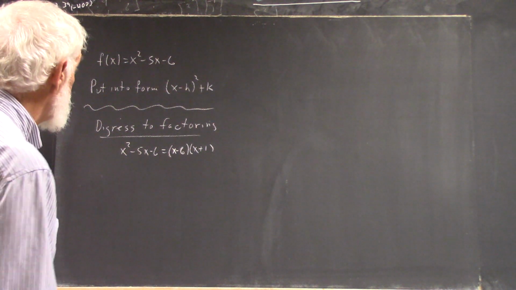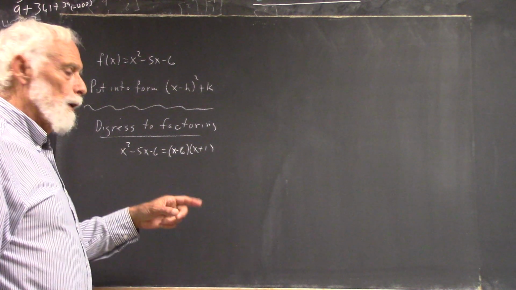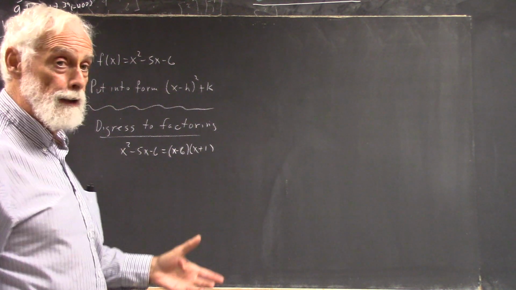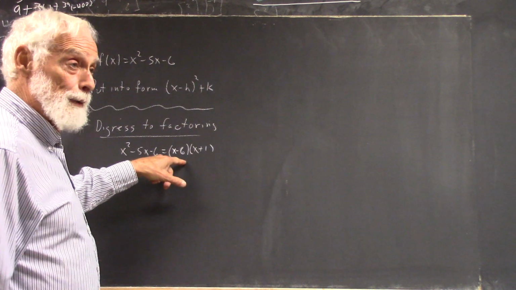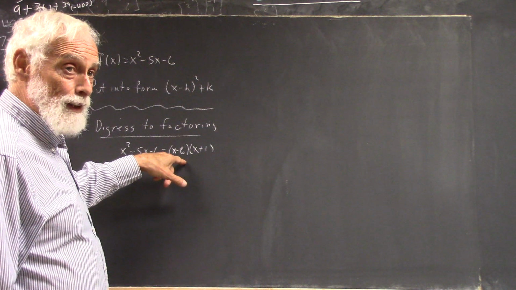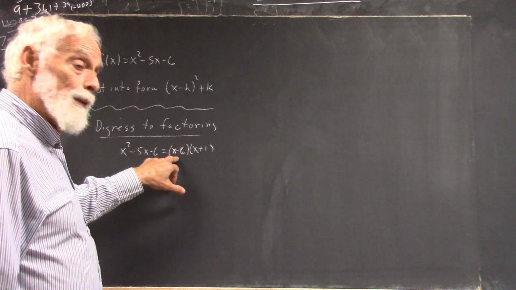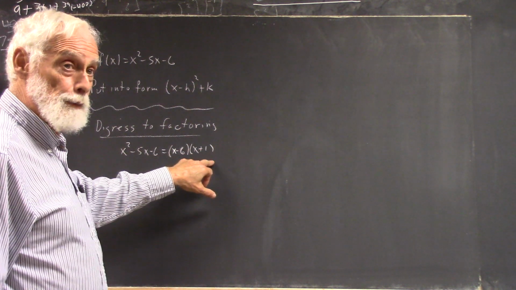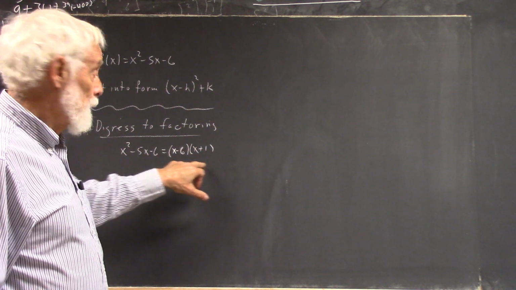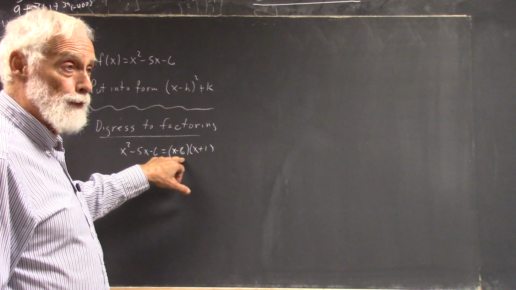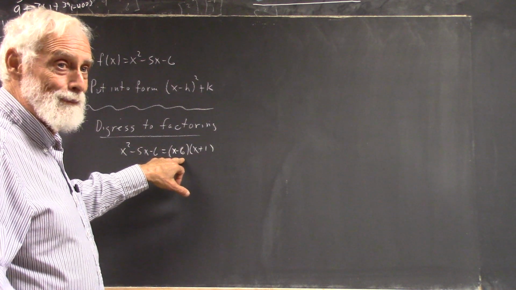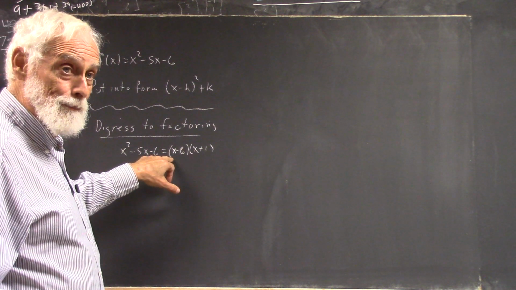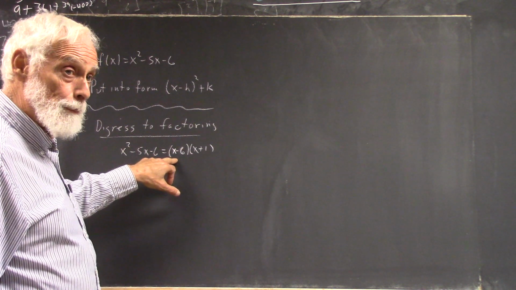And from this, you can easily determine that your zeros have to be 6 and negative 1, because for this to be 0, either this factor has to be 0 or this one does, right? Well, what number would you replace x with to make this factor 0? What minus 6 equals 0? 6, right? So if x is 6, this is 0.